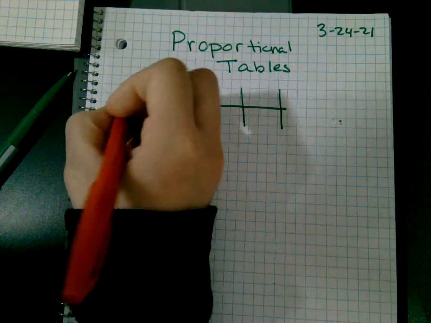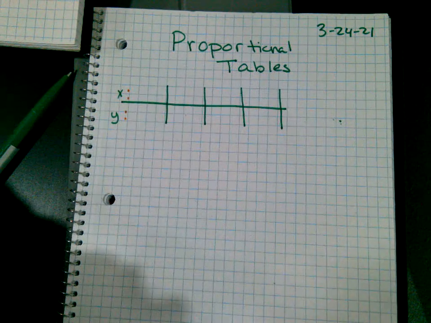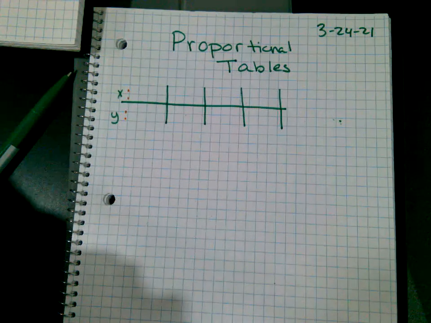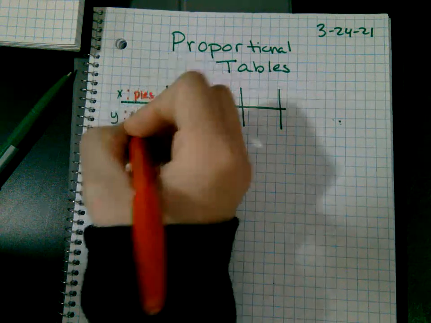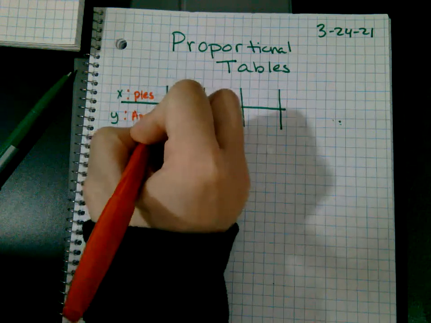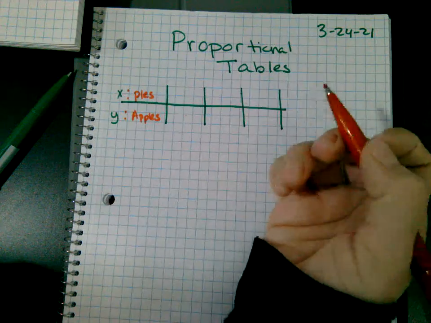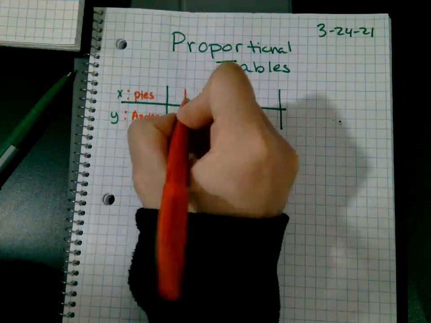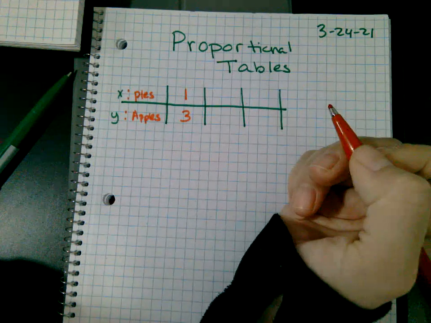So let's say I'm baking apple pies, my favorite. I'm baking apple pies, so there's a science to it. If pies and apples, pies will be my X, apples will be my Y. If I bake one apple pie, I'm going to need 3 apples for the filling.